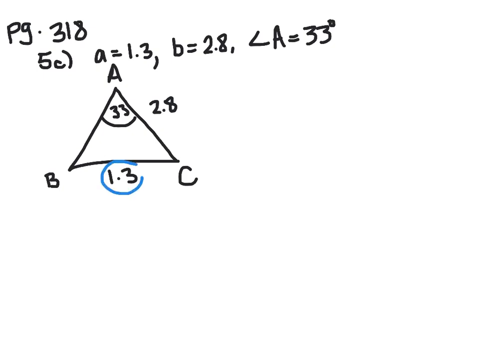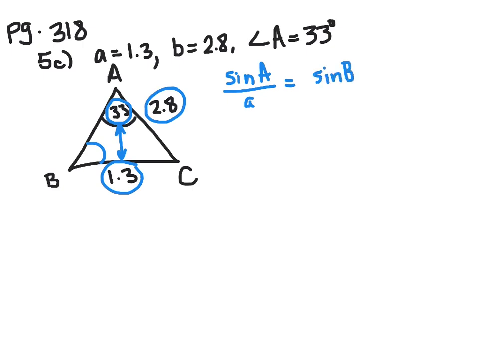What am I given? I'm given these two side lengths, and I'm given an angle that is opposite one of the side lengths. That is set up for me to use the sine law. I have big A and little a. I have little b, so I'm going to find big B next. The way I'm going to set this up is sine A over little a is equal to sine B over little b.